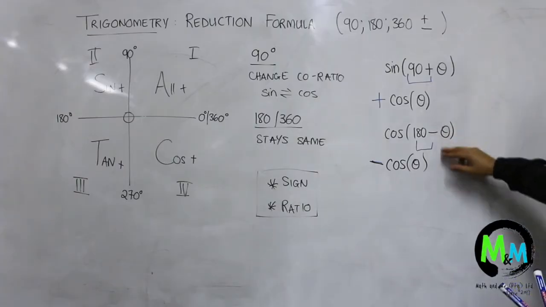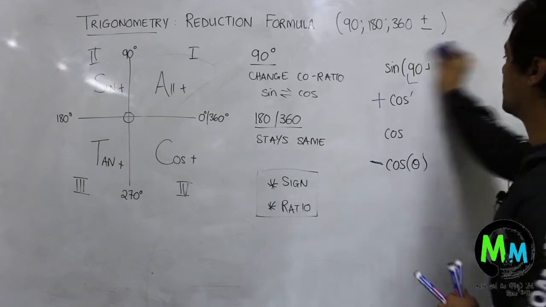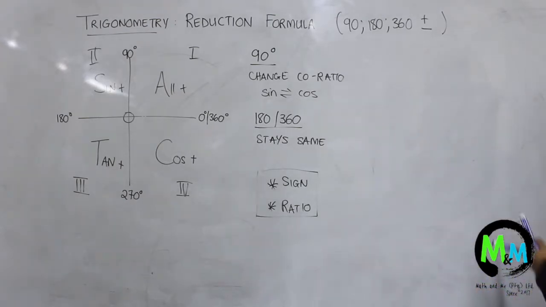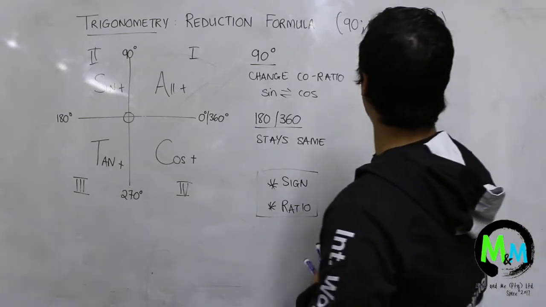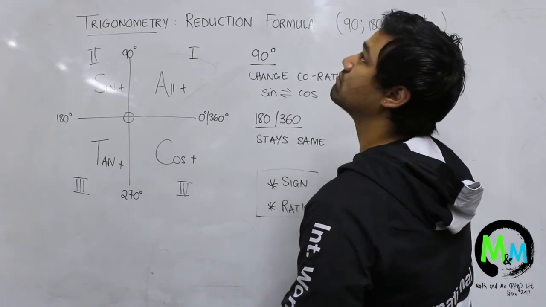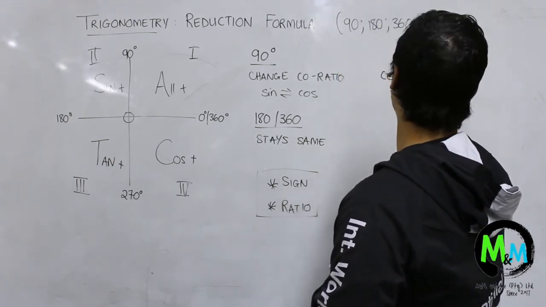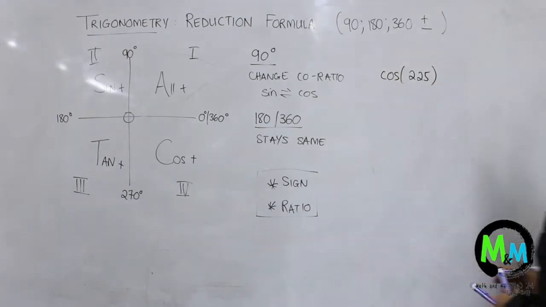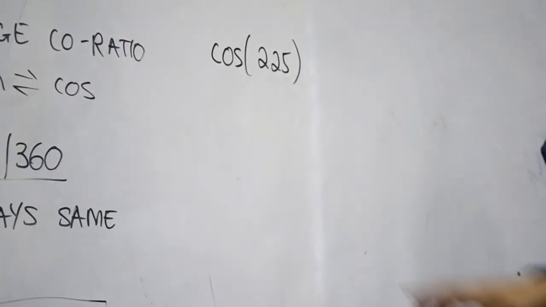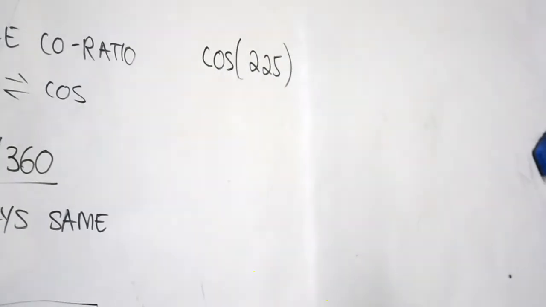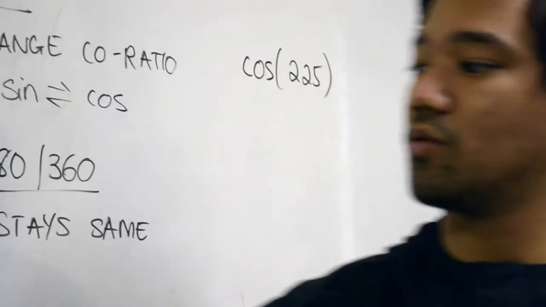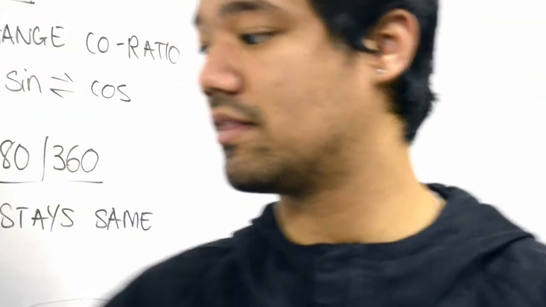But it's not just limited to non-numerics. We can do this for numerical angles as well. Let's say, for example, I give you cos 225. We know 225, or at least for reduction, 225 will obviously be in my third quadrant.